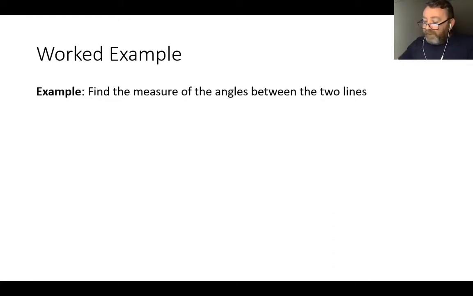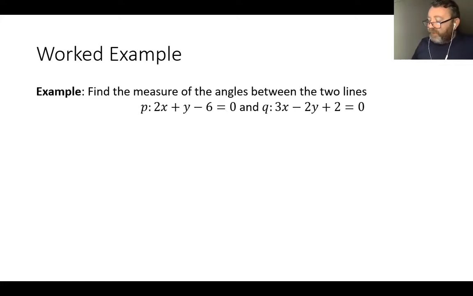So, example: find the measure of the angles between the two lines, 2x plus y minus 6 equals 0, and 3x minus 2y plus 2 equals 0. Now, the angles between lines are governed by a formula: the tan of the acute angle alpha is equal to m1 minus m2 over 1 plus m1 m2.